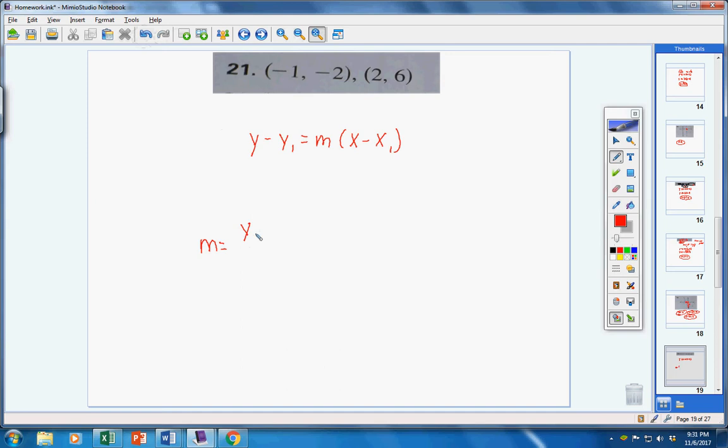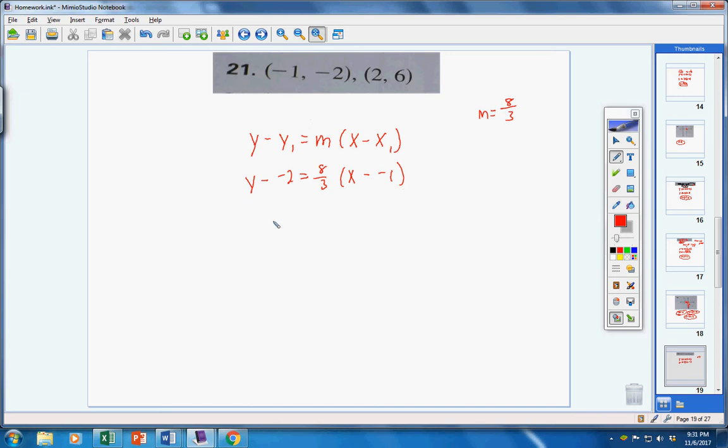It's y minus y over x minus x, which equals, if you do all the work, trust me, 8/3, not 3/8, okay? So there we go. Now let's solve the problem again. Y minus my y, which is negative 2, equals 8/3 times x minus my x, which is negative 1.